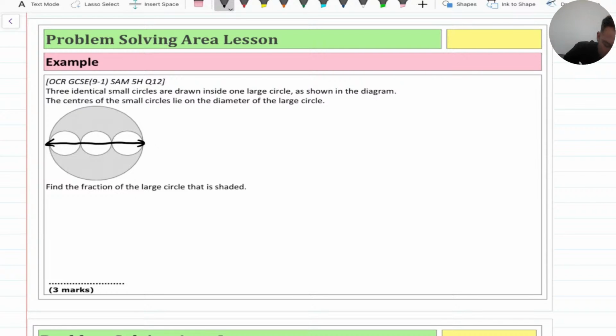If I say the diameter is 2, the problem with that is that the diameter of the smaller ones is then going to be 2 divided by 3, which is a nasty number. So we've got to really think about what number to use. You might think, let me use 3 then.